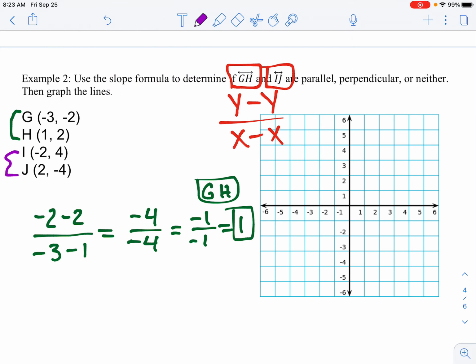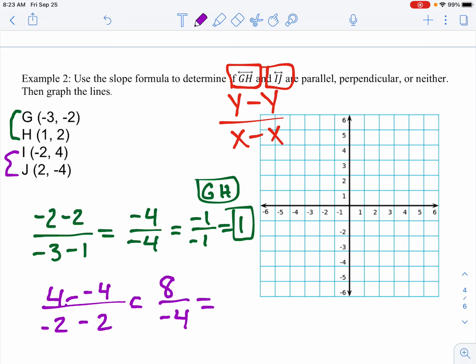All right, let's go back and do IJ now. 4 minus a negative 4, negative 2 minus 2. 4 minus a negative 4 is positive 8. Negative 2 minus 2 is negative 4.